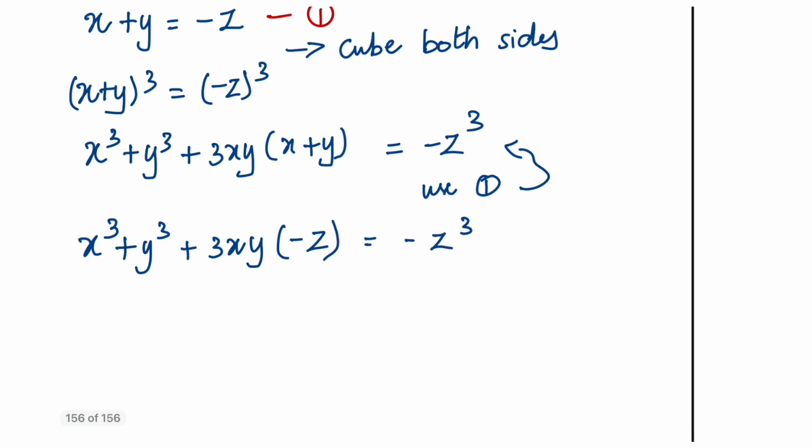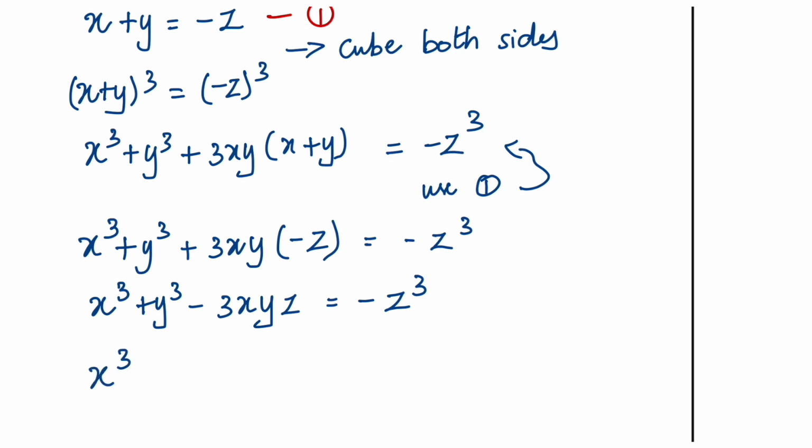Okay, now what has this term become? x cube plus y cube minus 3xyz, and that is equal to minus z cube. Now you are going to take this minus 3xyz term to the other side and this z cube term to this side, or basically adding 3xyz and adding z cube on both sides.